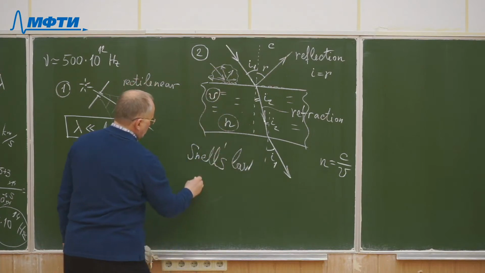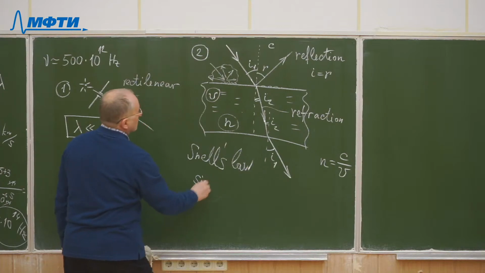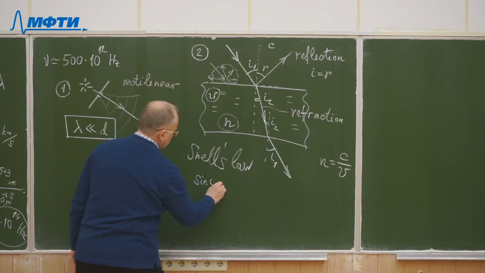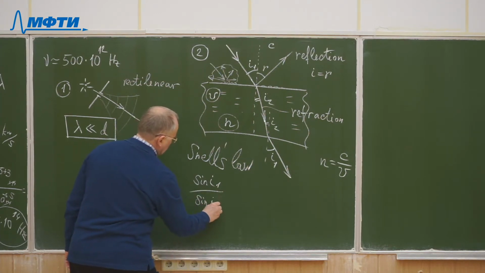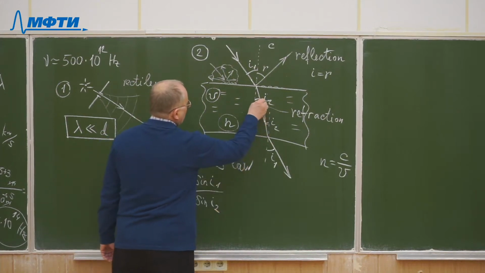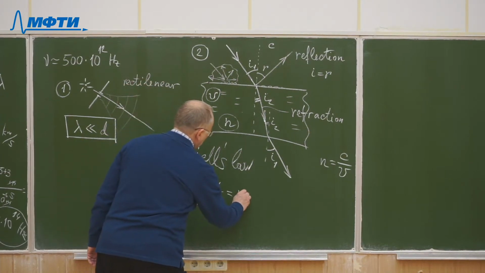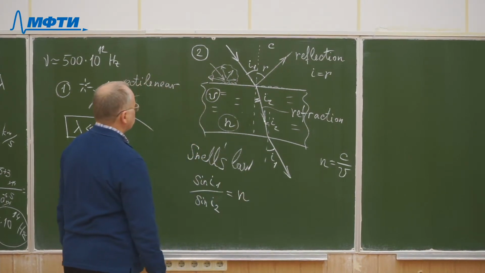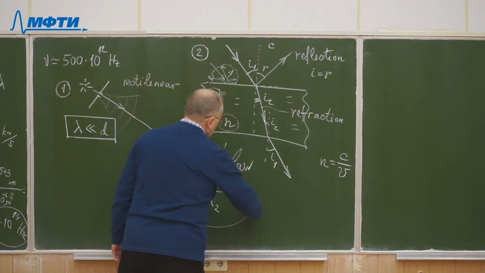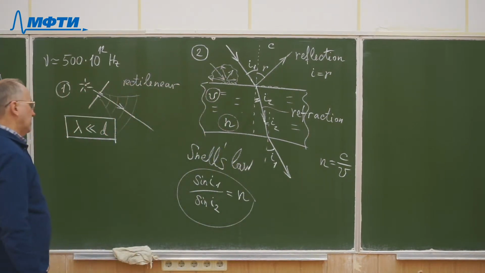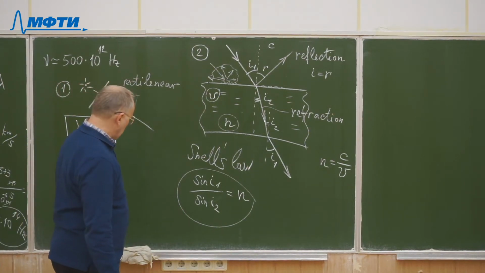Then there is a simple law, Snell's law, which says that the sine of the angle of incidence I1 divided by the sine of the angle of refraction I2 equals n. That is the simplest version of Snell's law.